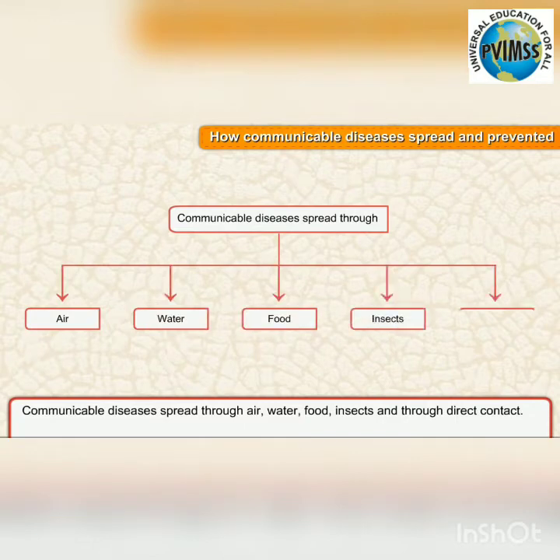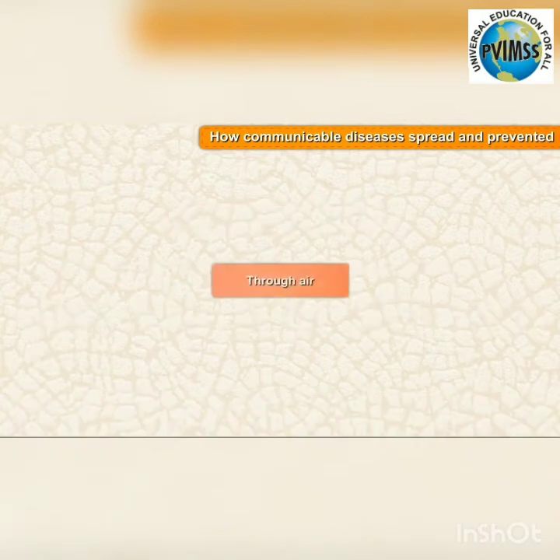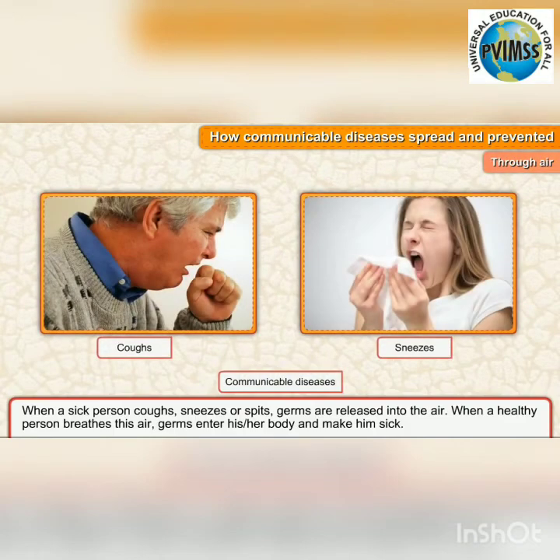Communicable diseases spread through air, water, food, insects, and through direct contact. Through air. When a sick person coughs, sneezes, or spits, germs are released into the air.